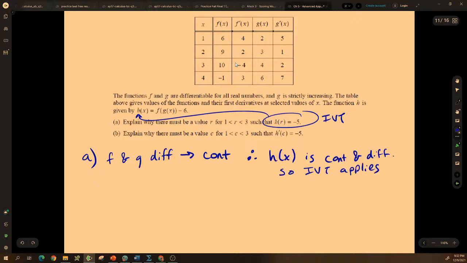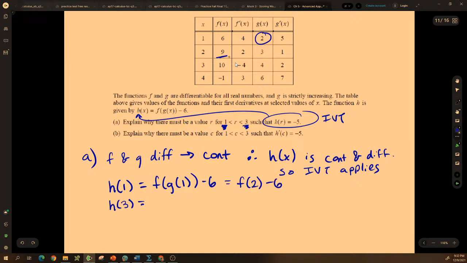Okay. Now, what I want to do whenever I'm doing IVT is I need to plug in both of those endpoints. So I need to show this step, h of 1 equals, and then also h of 3 equals. So h of 1 is going to be f of g of 1 minus 6. That turns into f of 2 minus 6.